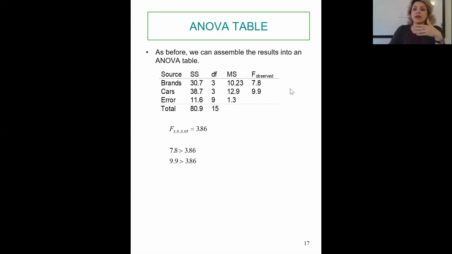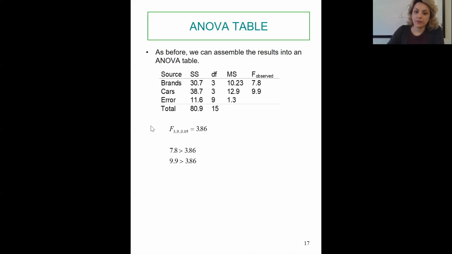And then we are going to read the F from the table. For reading the F from the table, we need 2 different degrees of freedom. Let's say we are working with 95%, so alpha is 5%, and the degree of freedom that we have for the treatment or the block is 3, and for the error it is 9, because the denominator is always the error.